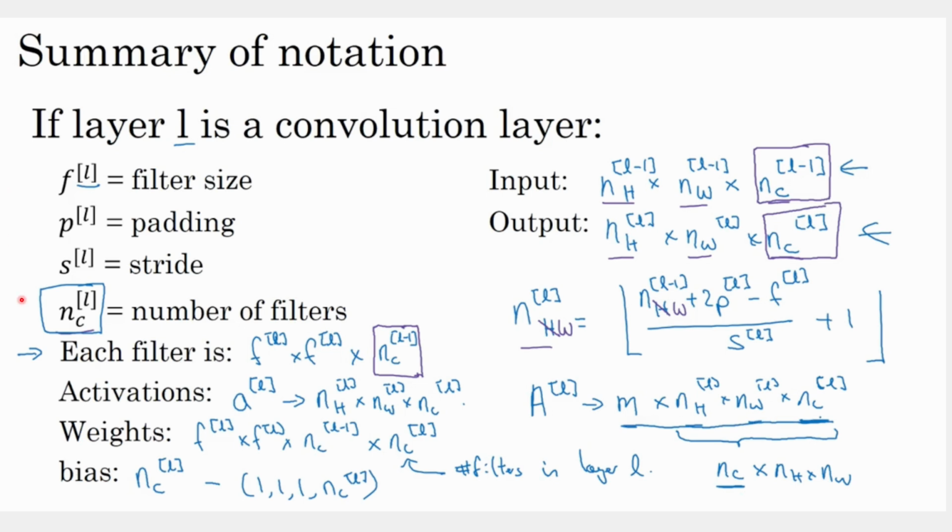So this is the basic summary of the notations we'll be using throughout our journey, whenever we are writing a convolution network or deciding a convolution layer. These are the essential basic parts which are needed: the filter, padding, stride, activation, weight, and bias.